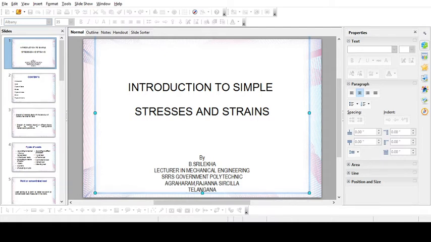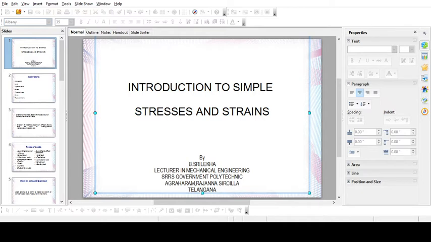While undergoing this deformation, the material of the body will start exerting a certain internal resisting force against the deformation. So this internal resisting force per unit area is nothing but stress.